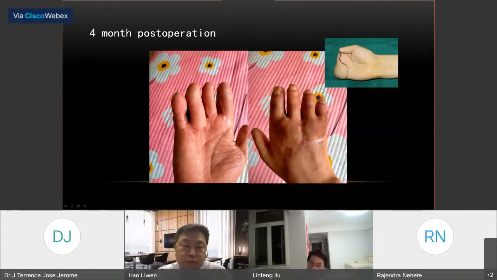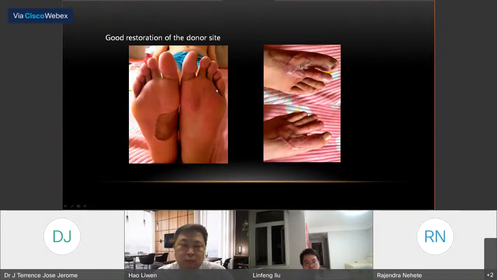After four months, we can see the four fingers. We have got four fingers, and the donor side damage is very small. The walking function was not affected.